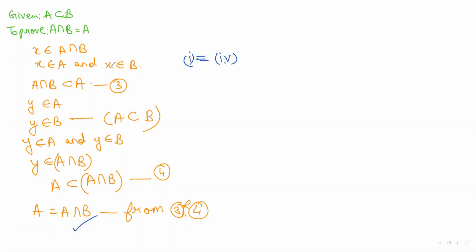Based on this conclusion, this can be considered as your third. From 1, 2, and 3, we can say that condition 1 is equivalent to condition 2 is equivalent to condition 3 is equivalent to condition 4.